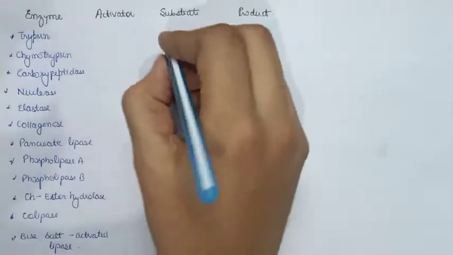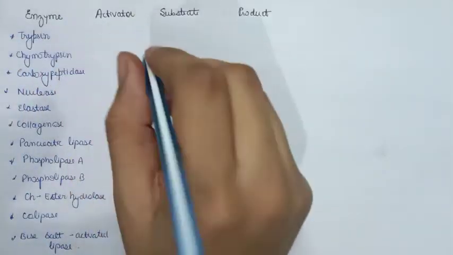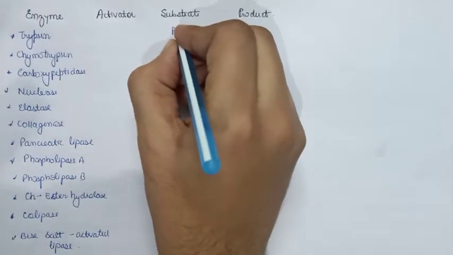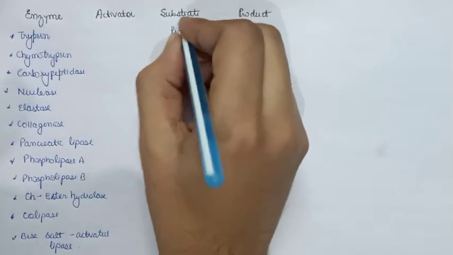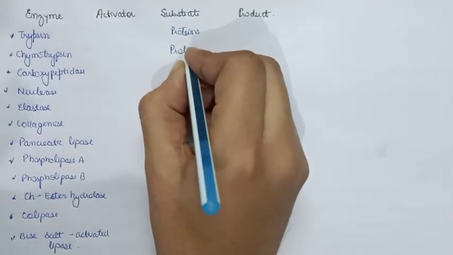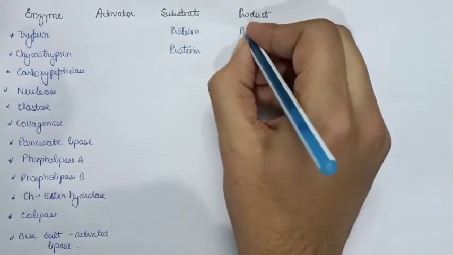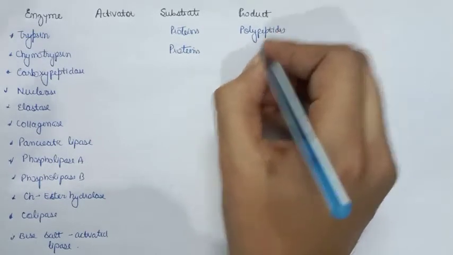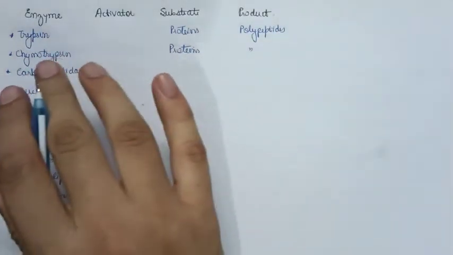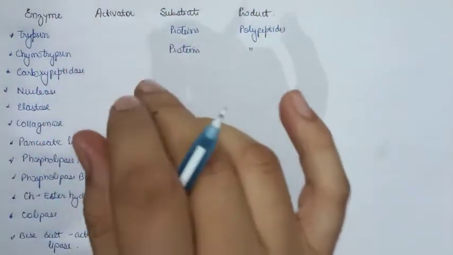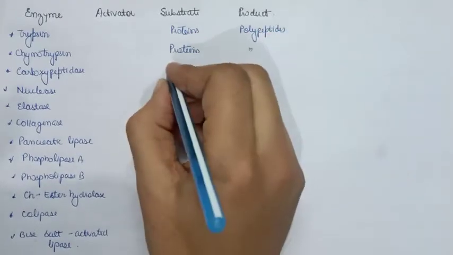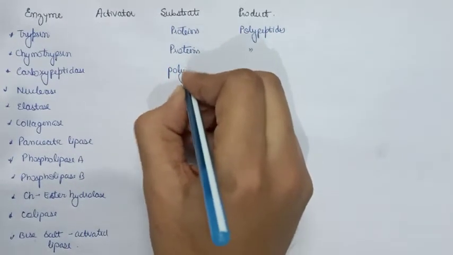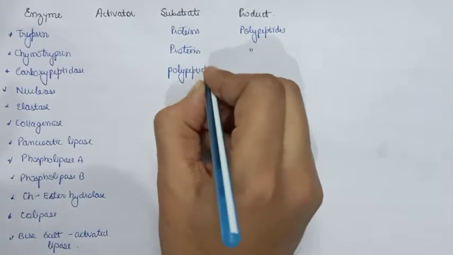The substrate for trypsin and chymotrypsin is the same, that's proteins. Trypsin and chymotrypsin convert proteins into polypeptides. Carboxypeptidase converts these polypeptides into amino acids.